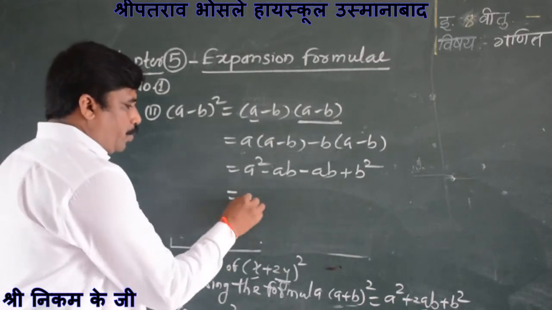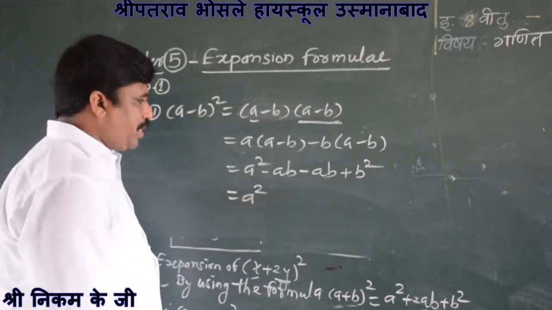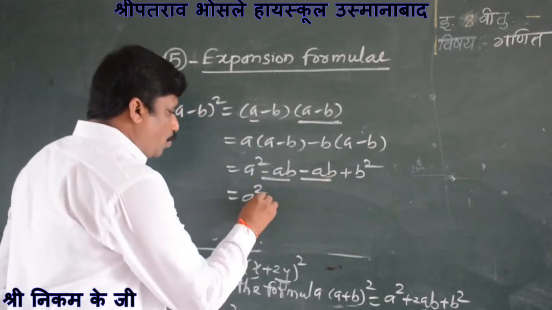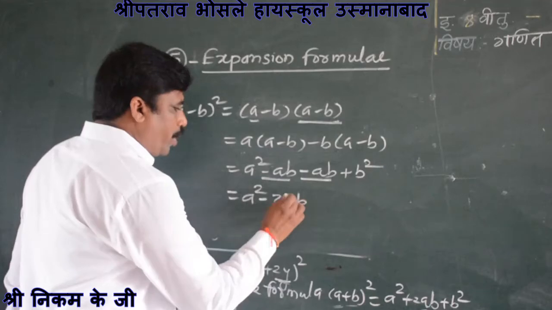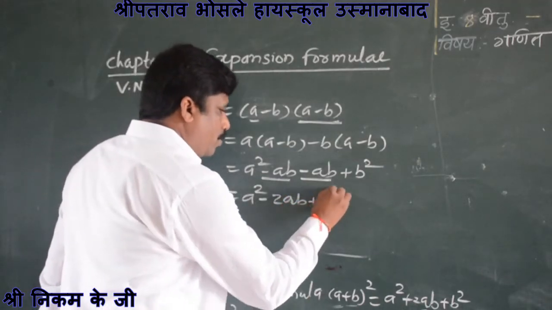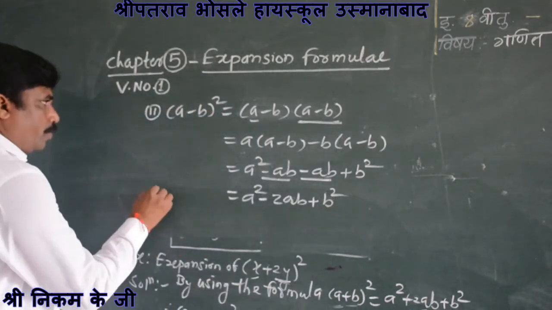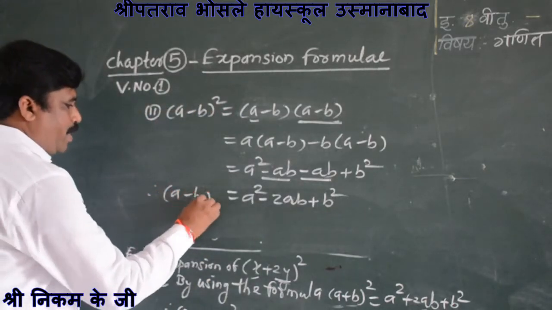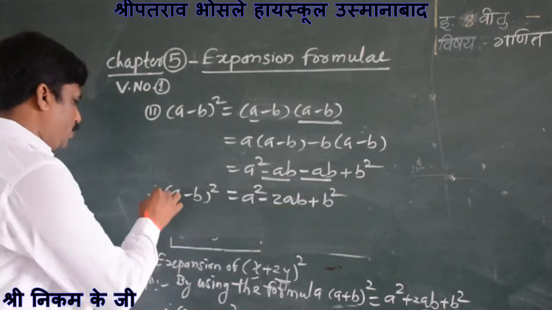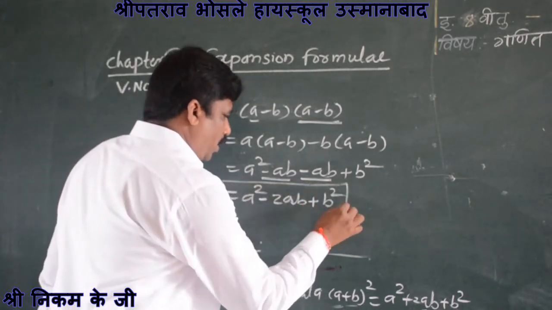So a square as it is, minus 1ab minus 1ab is minus 2ab, plus b square. Therefore (a minus b) square is equal to a square minus 2ab plus b square is the expansion formula.